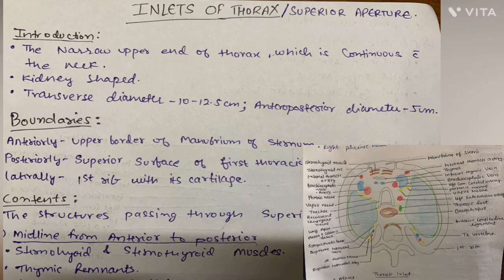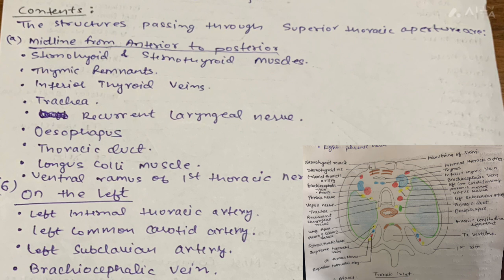Then there is a thymic remnant, and then inferior thyroid veins, then trachea, then after that the recurrent laryngeal nerve, and after that esophagus, then thoracic duct, then longus colli muscle, then ventral ramus of first thoracic nerve.